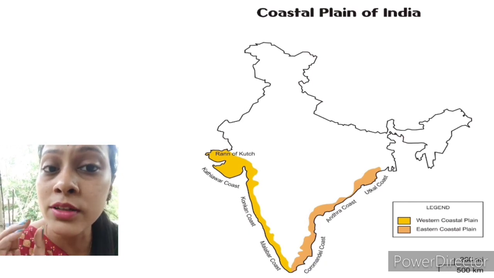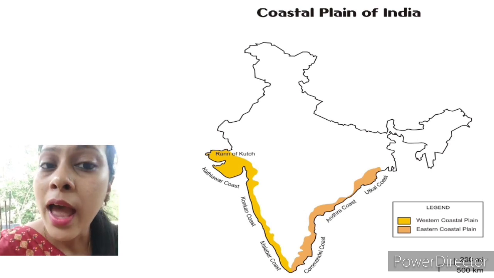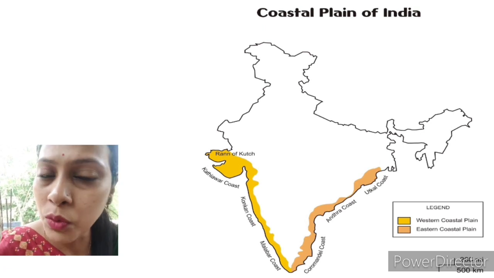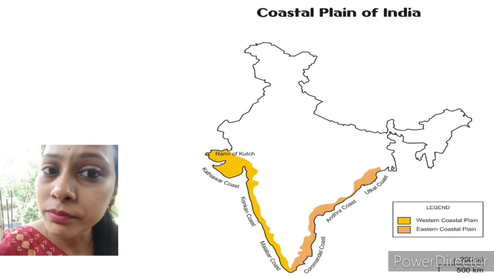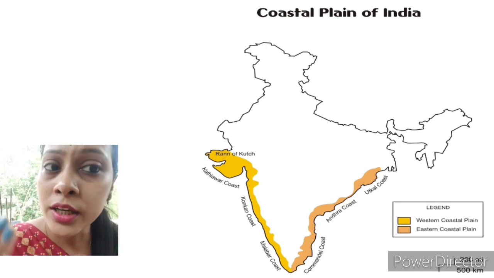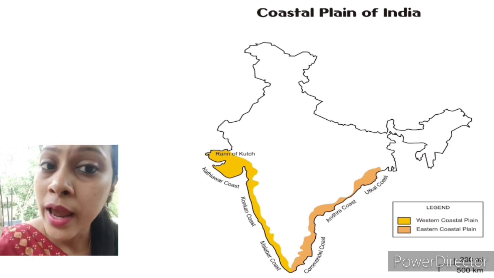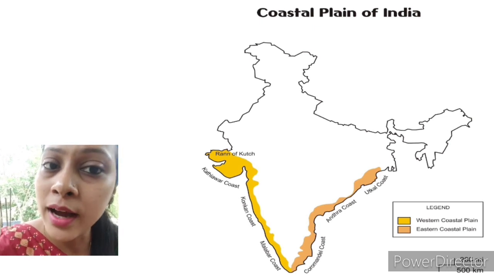Coastal plains are flat low-lying lands which lie next to the seas or oceans, and in India we have 2 divisions of the coastal plain, Western Coastal Plain and Eastern Coastal Plain. The Western Coastal Plain is the narrow one, and it has 4 divisions: Kathiawar Coast, Konkan Coast, Kannar Coast and Malabar Coast, and it lies between the Arabian Sea and the Western Ghats.